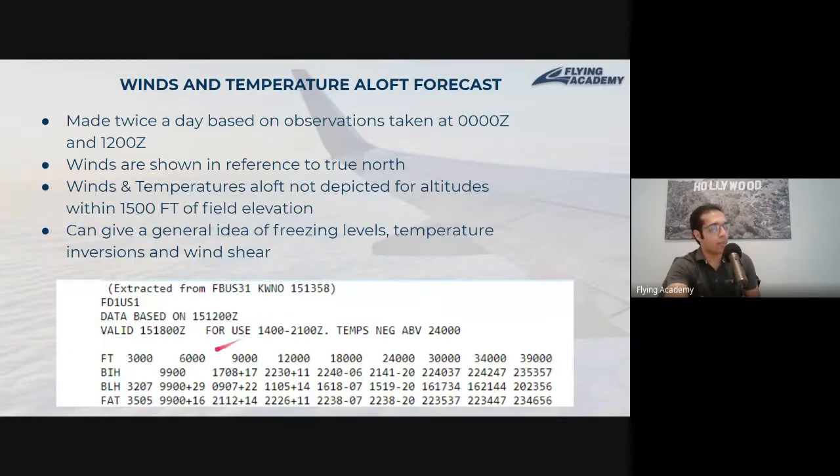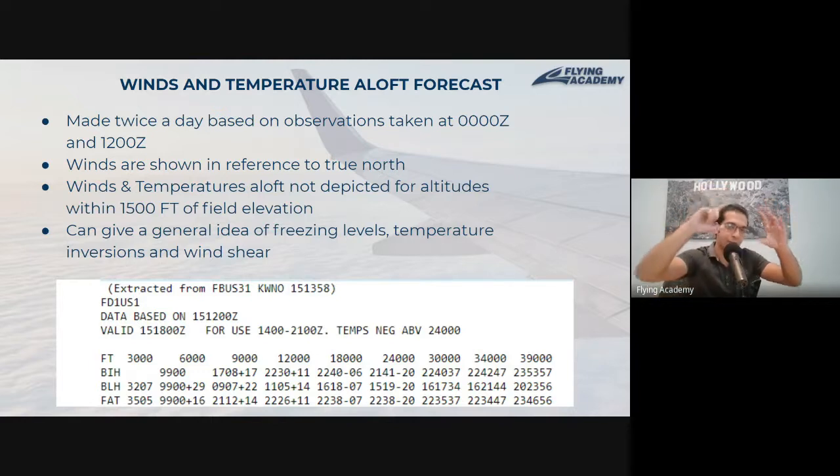Anytime you see, for example, over this station, 3,000 feet MSL is empty, or here 6,000 feet is empty, or a combination of both, the reason is that this station is located more than 1,500 feet AGL. So the height between 3,000 feet MSL and the airport elevation is less than 1,500 feet, because the airport is higher.